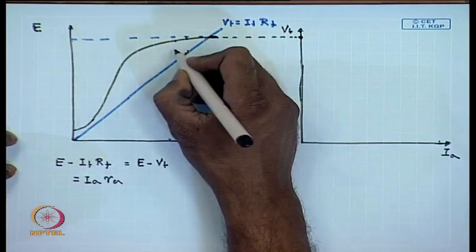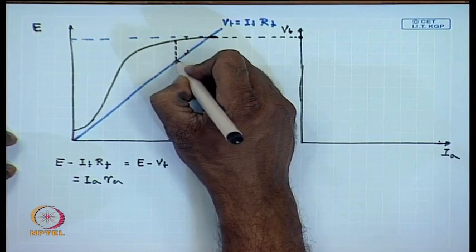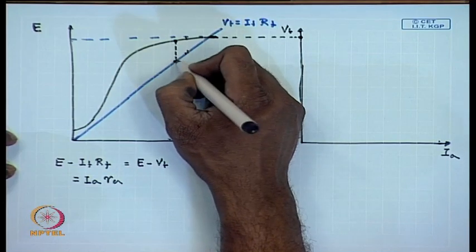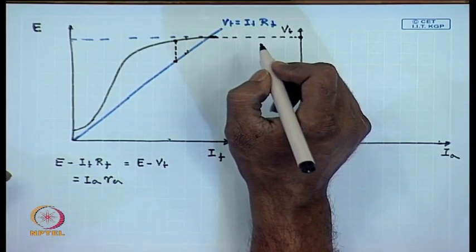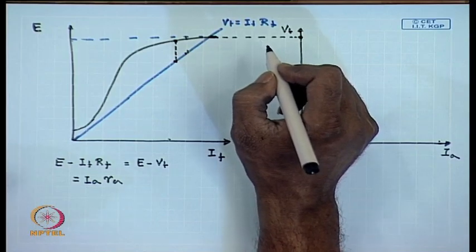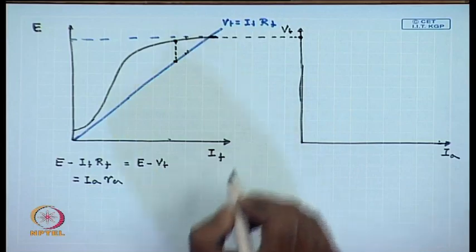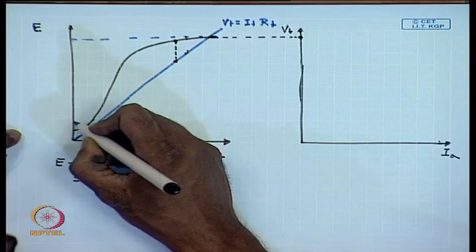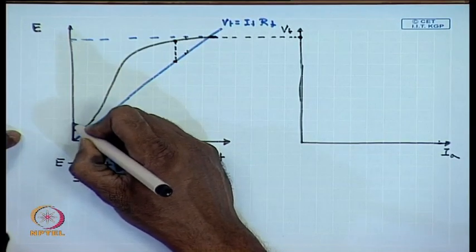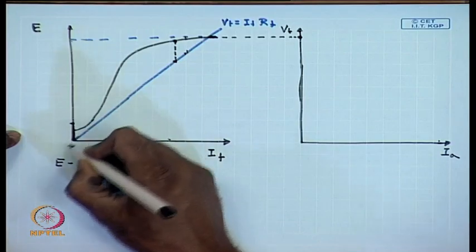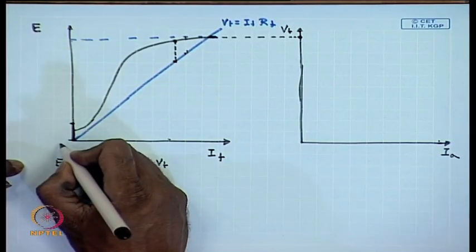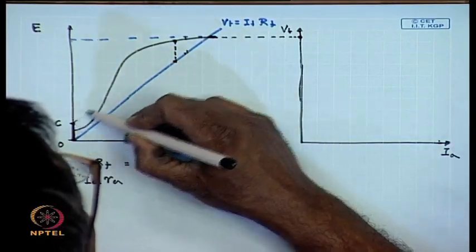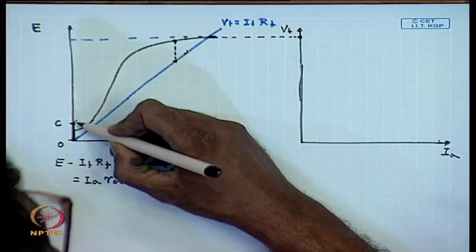So, this vertical distance between the OCC and the field load line is nothing but the armature drop. Therefore, we can find out the terminal voltage by the following procedure. For any armature current, let us take the corresponding armature drop, and draw a line parallel to the field load line.